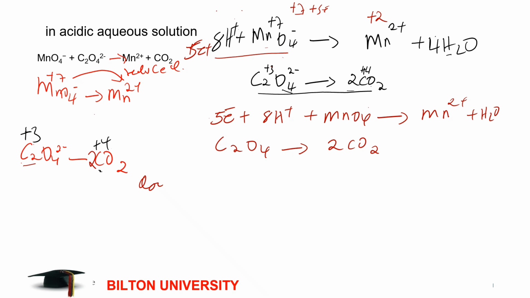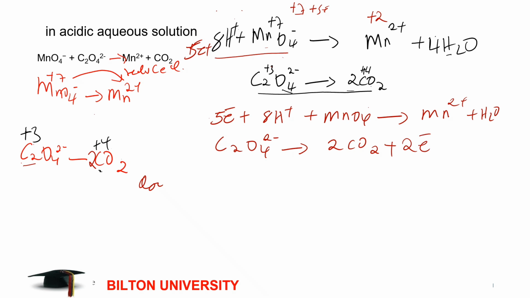If you look at the oxalate, the charge is not balanced, so we can balance the charge. The overall charge on the left hand side is 2 minus, and on the right hand side it is 0. So we need 2 electrons to balance this, because we have 2 carbons here.